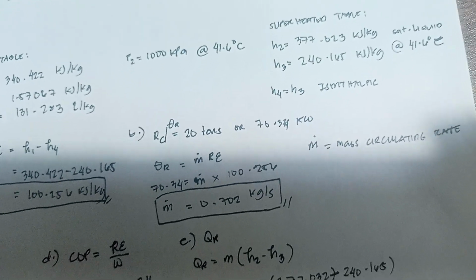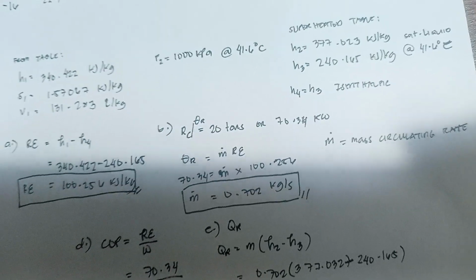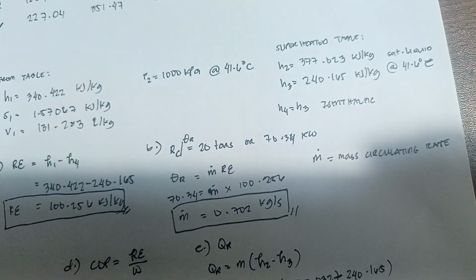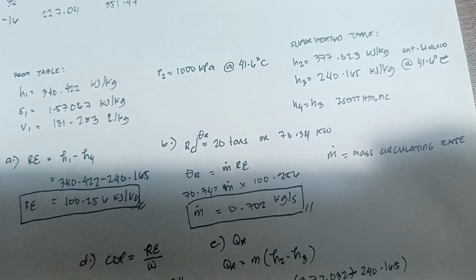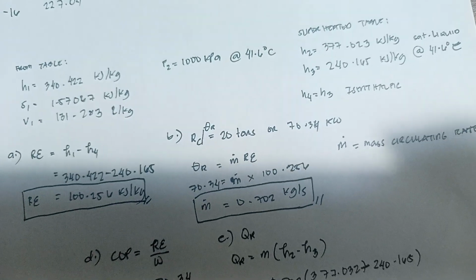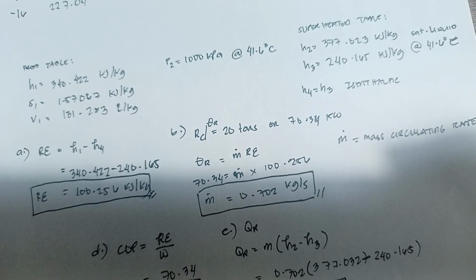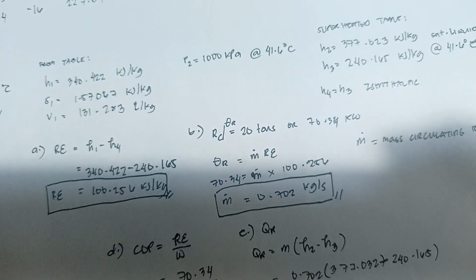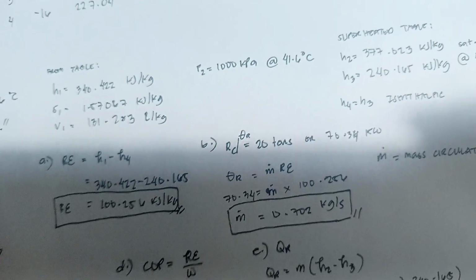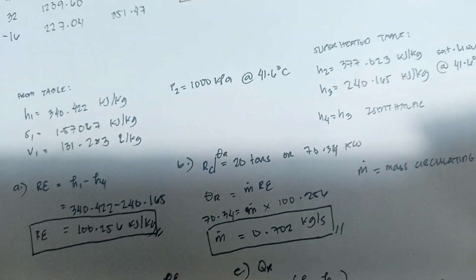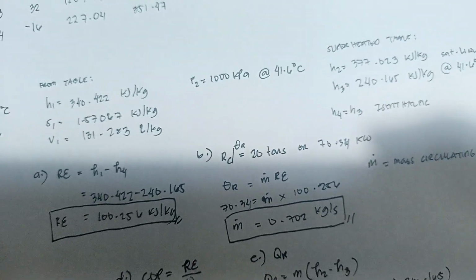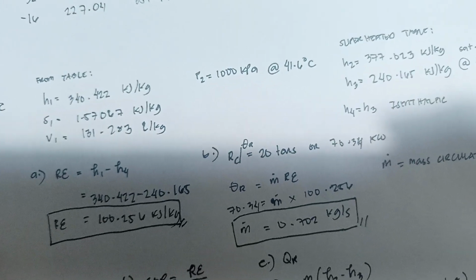For letter B, we are going to find the circulating rate in kilograms per second. So we have the 20 tons or 70.314 kilowatts. So we convert it. So mass flow rate times the refrigerating effect, or the RC, or the refrigerating capacity, 70.34.